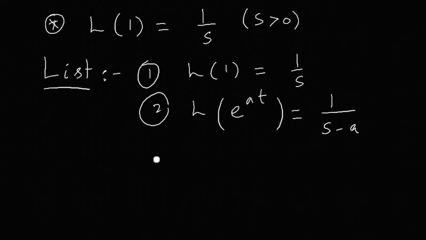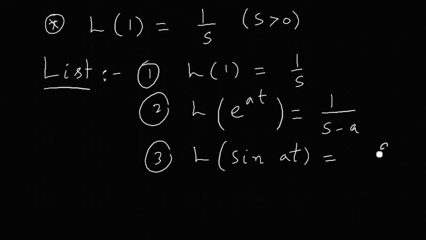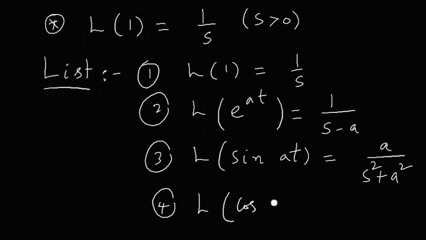I am not mentioning all the details here. L of sine at is equal to a by s square plus a square. And for cos at, the denominator is exactly the same, s square plus a square. Here the variable s will appear.